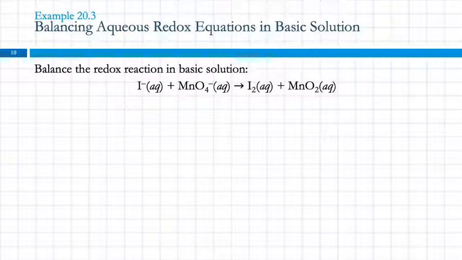So balance this redox reaction in basic solution. So we start out the same. We pretend that it's acid. Make 2 half reactions.